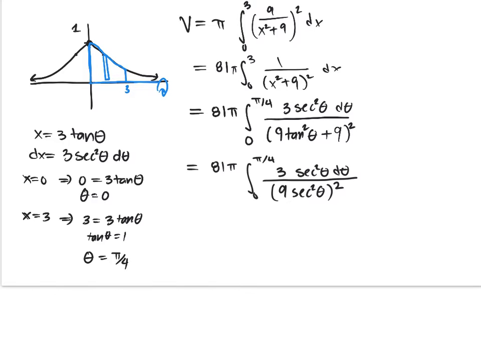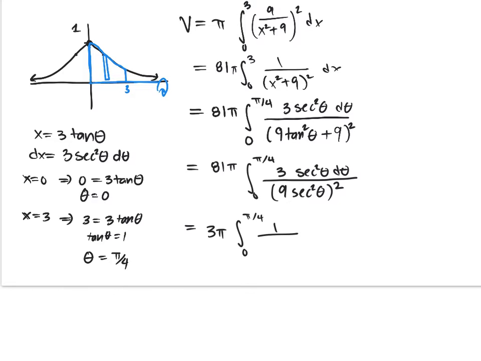So a couple things happen. First of all, that 9 squared is 81, right? So that can cancel out the other 81. Does that make sense? And out in front, our constants are just going to be 3 and pi. And then how many secant squareds are left and where are they located?